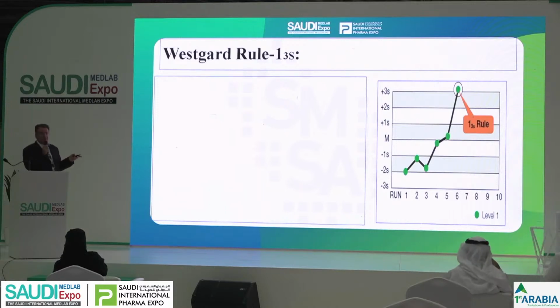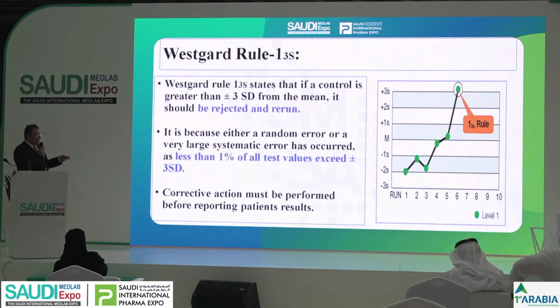No question asked. Reject and repeat till you are within 2SD. Okay? And in normal situation, there is about 1% of data that will be out of 3SD when you run your QC.